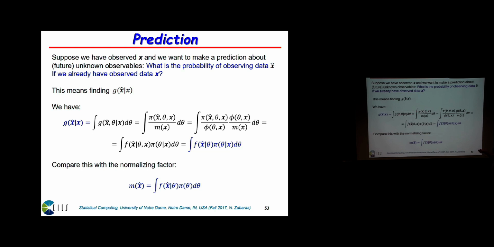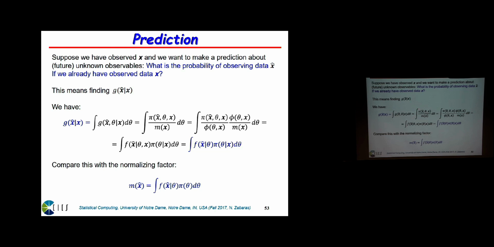I am writing this as the joint probability of X hat, theta, and X divided by the probability of X. Can I do that? What rule is that, by the way? How can I go from that probability to this? The conditional, which also fits under the product rule in some sense. Those are the only two rules we know.